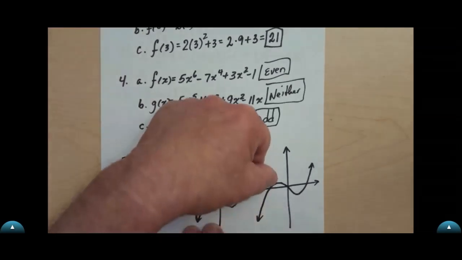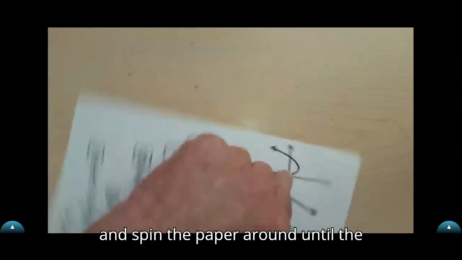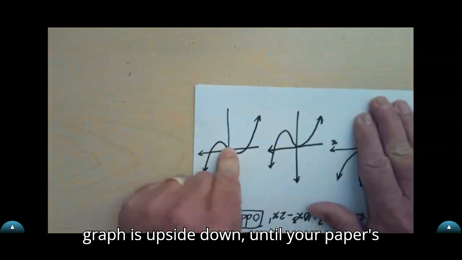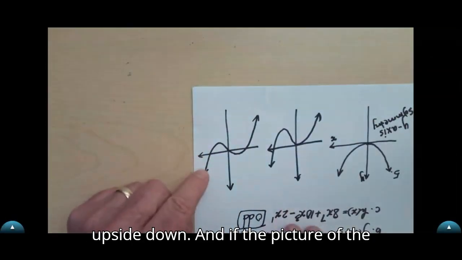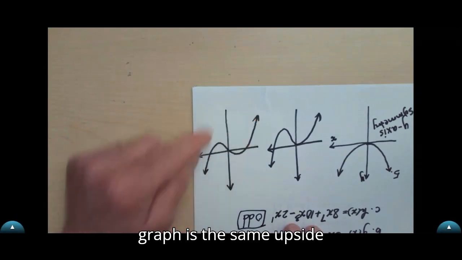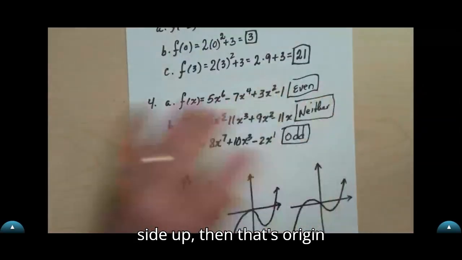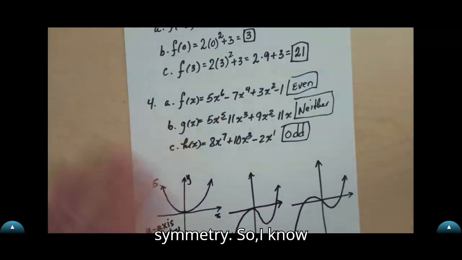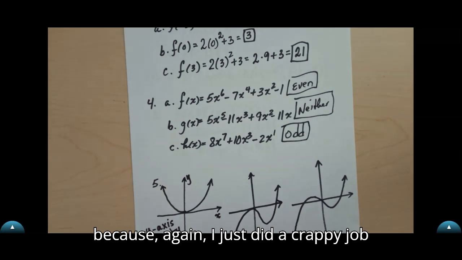Look at the graph, notice exactly what it looks like, and spin the paper around until the graph is upside down, until your paper's upside down. And if the picture of the graph is the same upside down as it is right side up, then that's origin symmetry. So I know that one's not perfect origin symmetry because, again, I just did a crappy job drawing it.